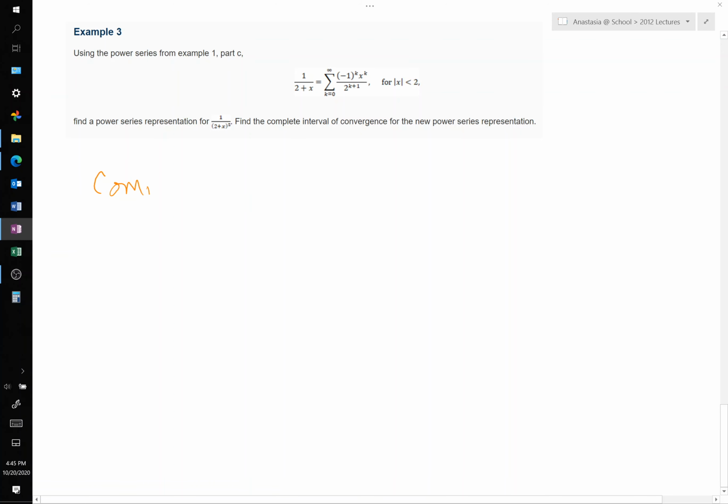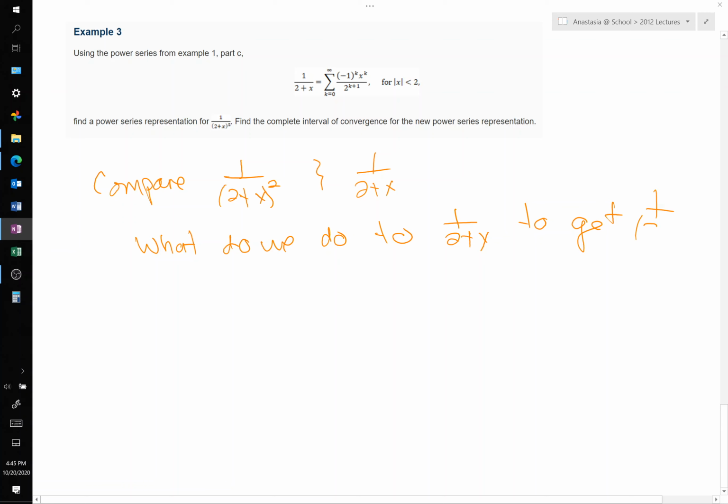So we need to compare 1 over 2 plus x squared and 1 over 2 plus x. Since we have a power series for 1 over 2 plus x, basically we need to think about what we do to 1 over 2 plus x to get 1 over 2 plus x quantity squared.